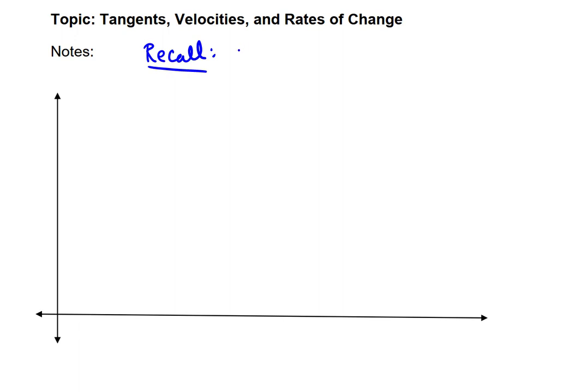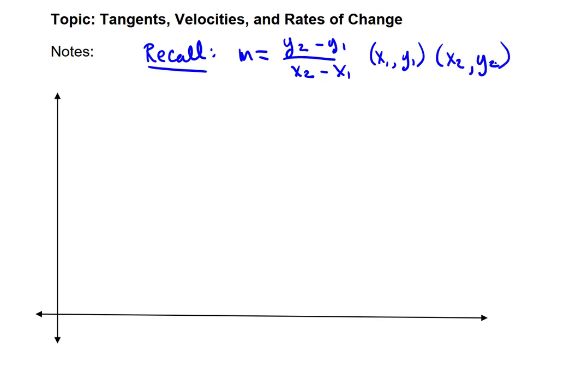First of all, there's a slope formula, often written as m equals y2 minus y1 over x2 minus x1. That's just a famous formula in algebra class for a slope of a line. Of course, the values involved in this formula are the points x1 comma y1 and then x2 comma y2.